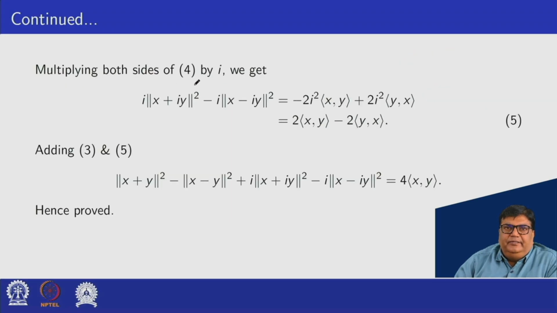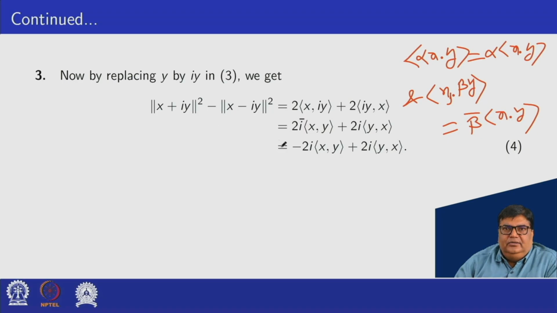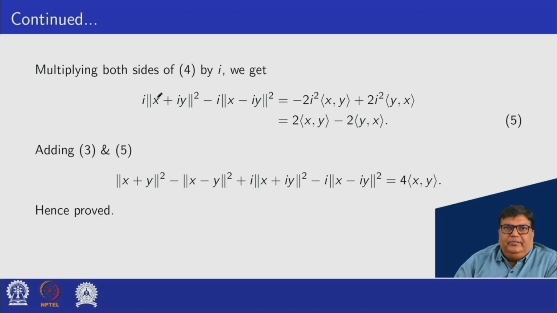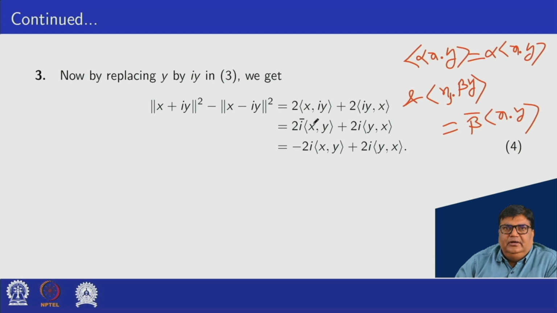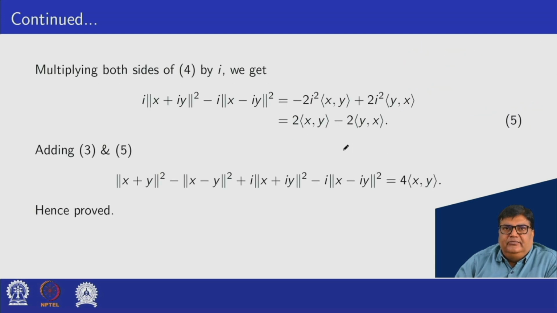Multiplying both sides of 4 by i, we get i times the square of the norm of x plus iy minus i times the square of the norm of x minus iy equal to minus 2i square inner product of xy plus 2i square inner product of yx. So i square is equal to minus 1, that is, this is 2 into inner product of xy minus 2 inner product of yx.